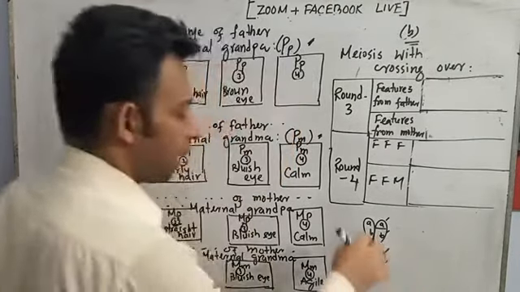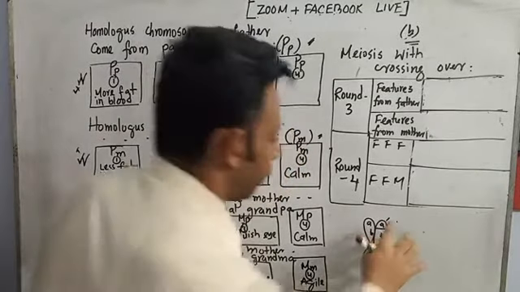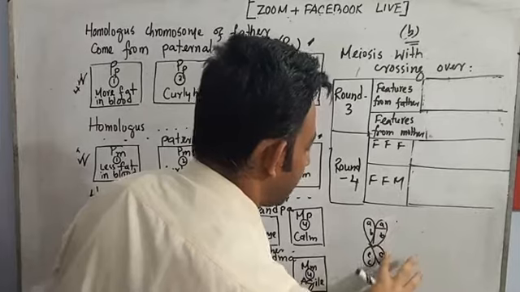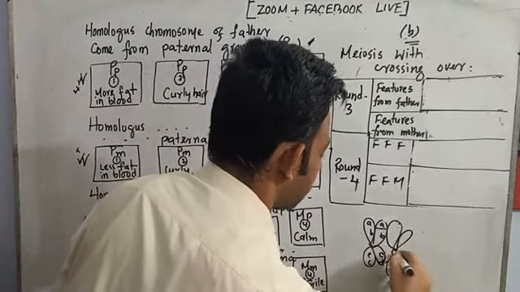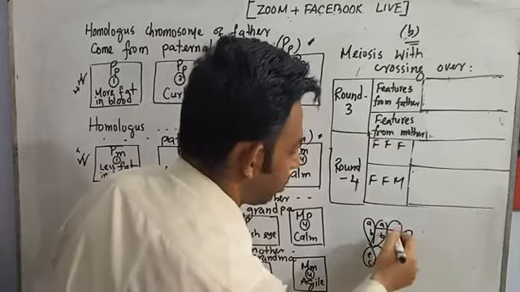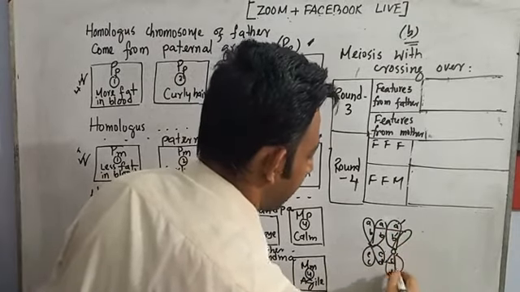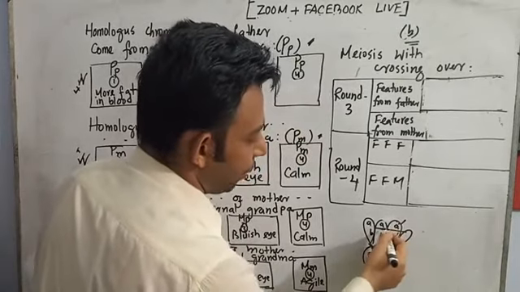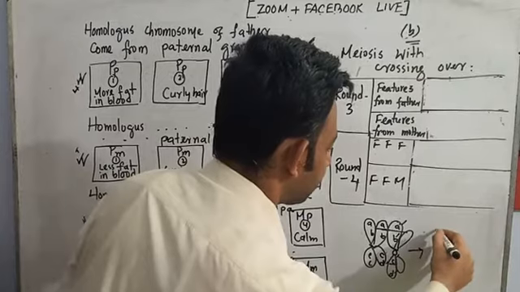Suppose this part is to be crossing over, then A prime will come out there.